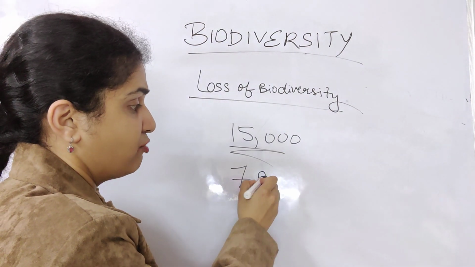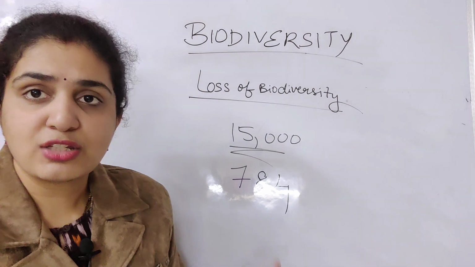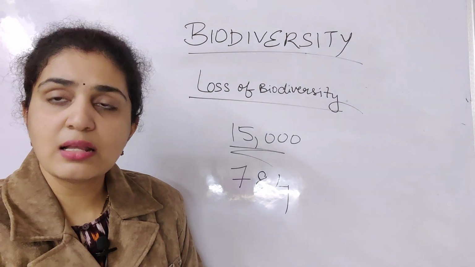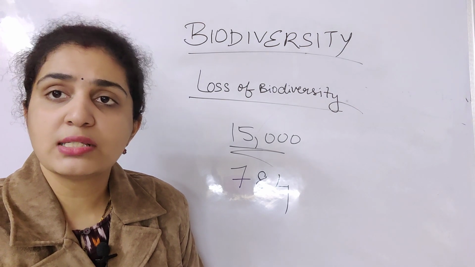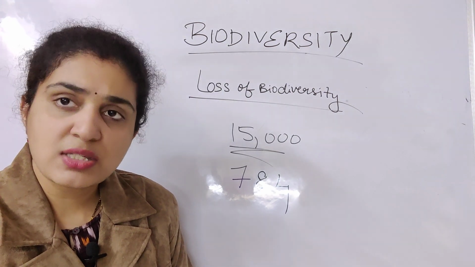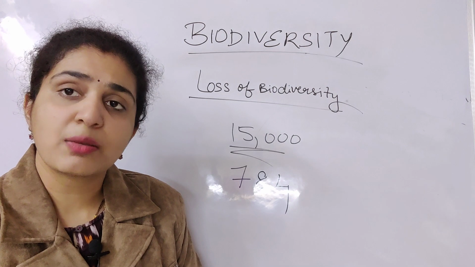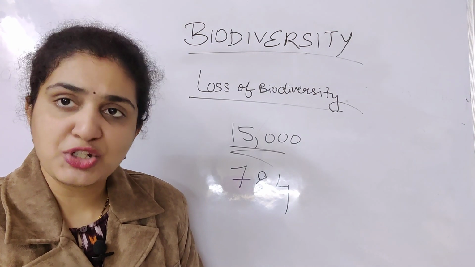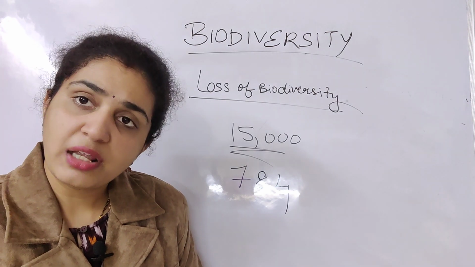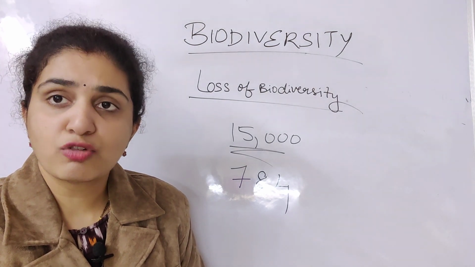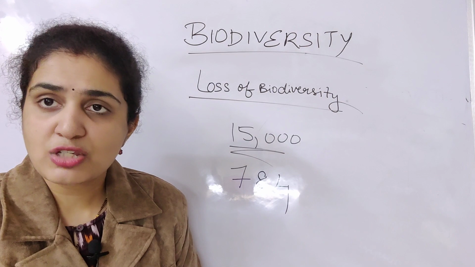About 784. See, in biodiversity, that's why I tell you, for easy remembrance, you should read more, because only numbers will be there. How many species are getting extinct? How many species are present? How many species are present in each? Like that, everything will vary. In the Amazon rainforest, because it is called the lungs of the planet, so many species will be there.